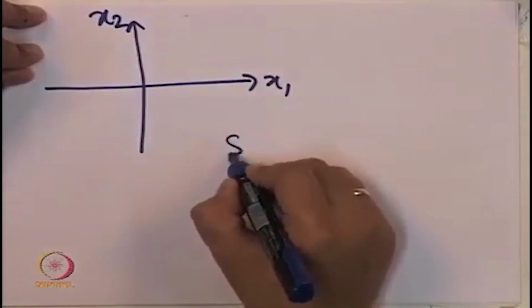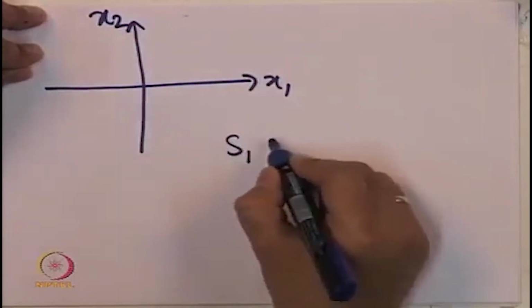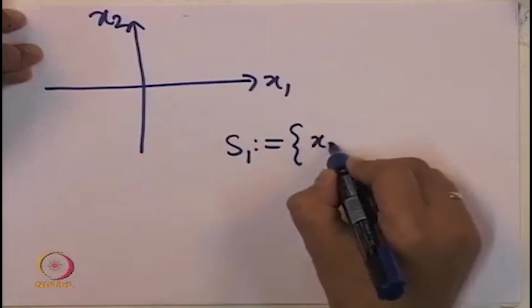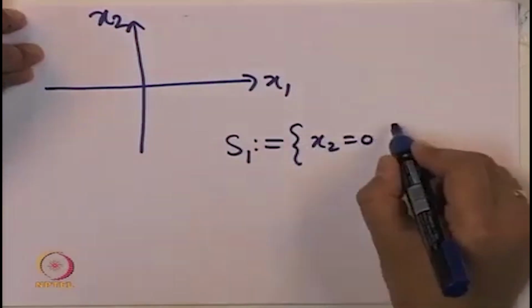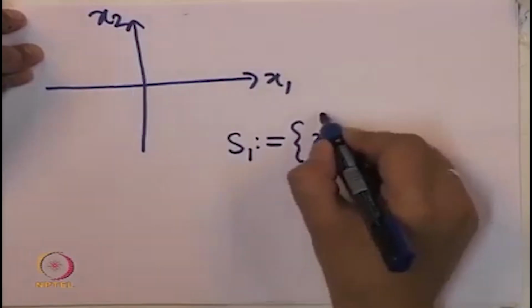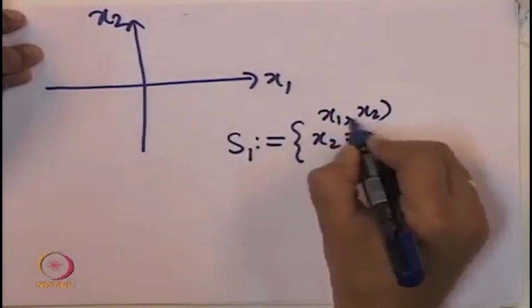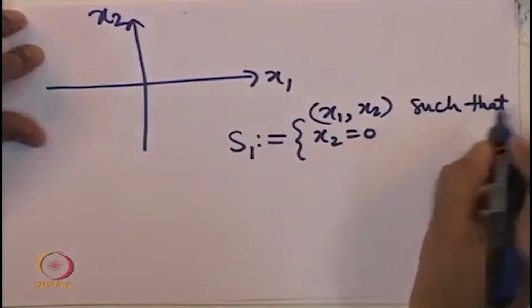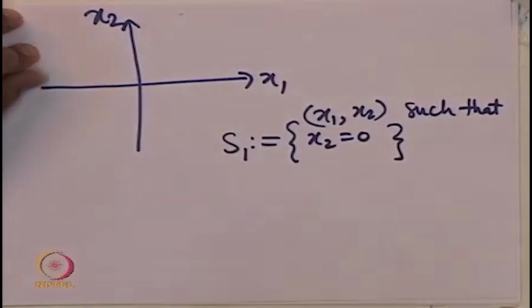So take the set S, which is defined as the set of all points x1 comma x2 such that x2 is equal to 0. This set is also an invariant set. Why?